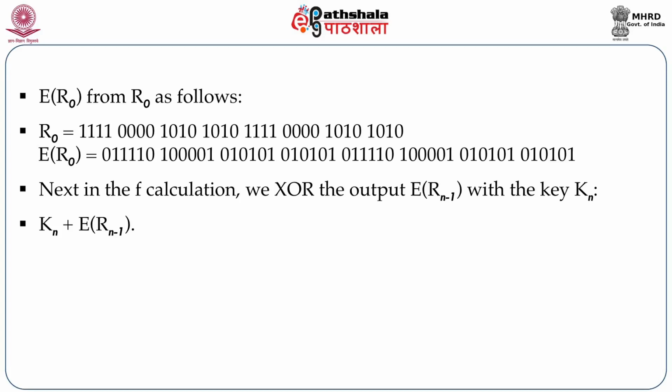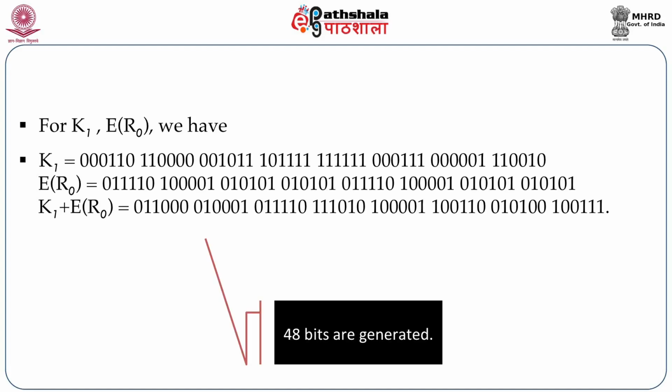So it would be Kn plus Rn minus 1. To generate R1, what we are doing? We are doing L0 plus, applying exclusive OR with K1 and expanded R0. So the function would generate 48 bits.